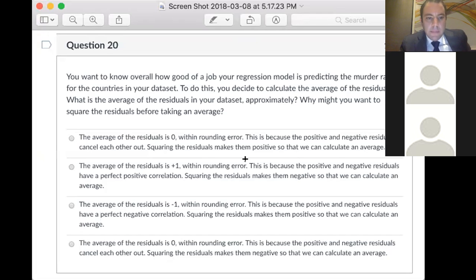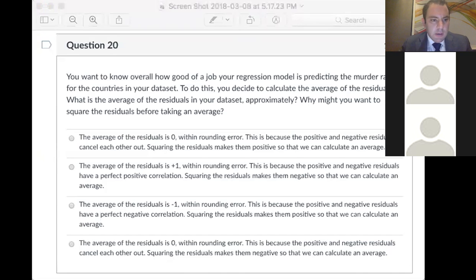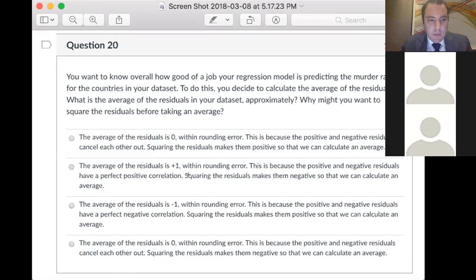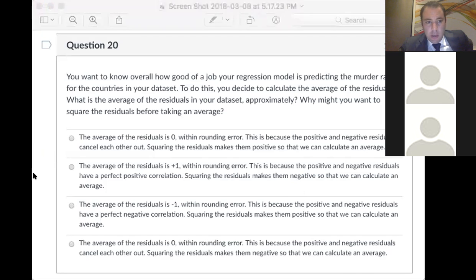So here, I'm just going to pull up the lecture slides as well, so we can take a look at them. You're absolutely right. The average of the residuals will be 0, and that represents an ideal linear regression model because that means it's a good fit for your data. Like you were saying, the positive and the negative residuals will cancel each other out.